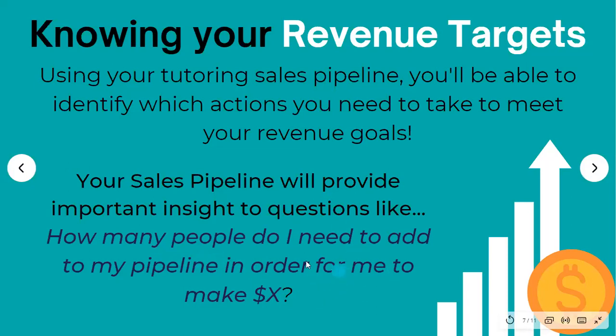Well, you would know if you're closing them at a 30% rate, that if you got 100 people into that pipeline, then you would essentially get 30 new paying customers because you know these numbers, right? And then you could figure out the math on how much money that may be. So you're able to reverse engineer how many people you need to be adding to this pipeline to make the amount of money that you actually want to make in your tutoring business, right?